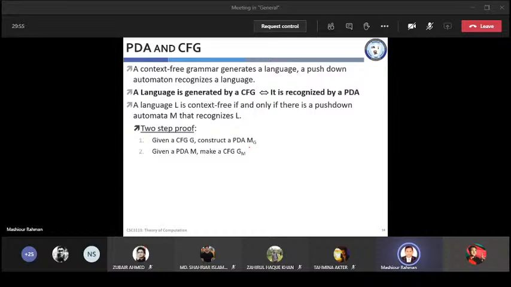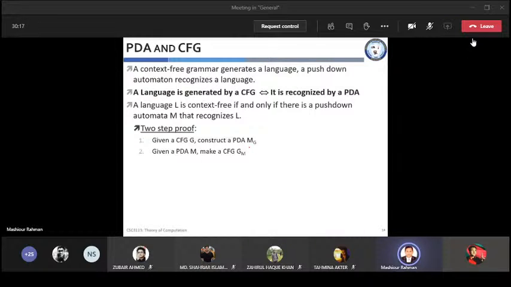But the bold line in the second line that is written: a language generated by a CFG is equivalent to, it is recognized by a PDA. That means if a language can be generated by a CFG, that particular language can also be recognized by a PDA. There is no doubt about that one.